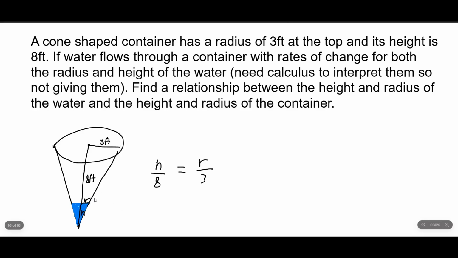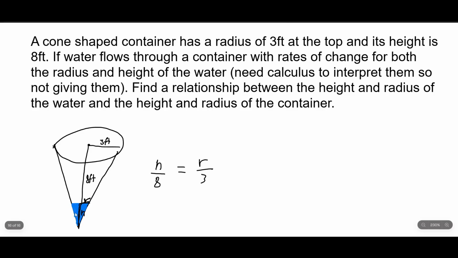So h and r can denote those infinitely many instances, but this height and this radius will form a triangle. Since we're dealing with the same container in the same cone shape, the ratios of the sides will be the same: similar triangles.